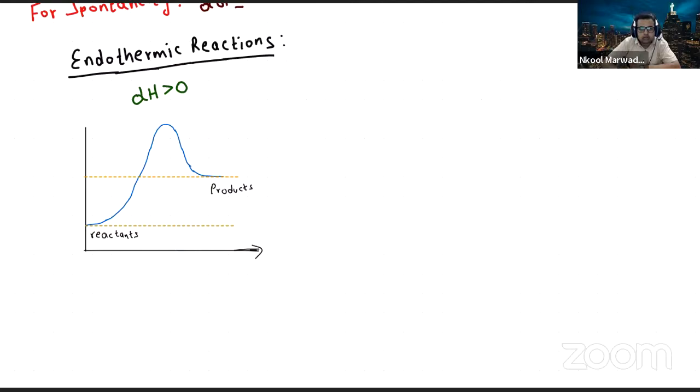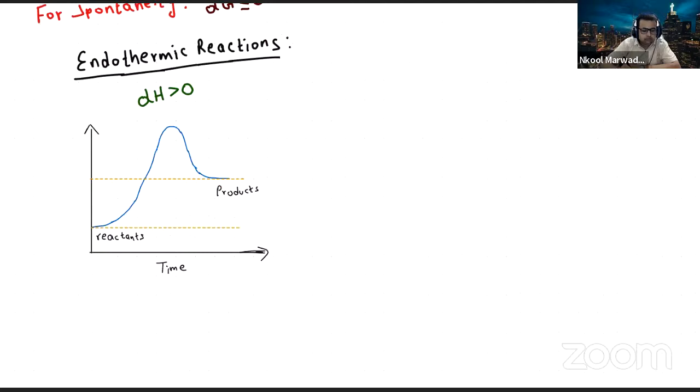This is the Gibbs free energy axis. I will write it capital G. Capital G is understood. It's the Gibbs free energy.